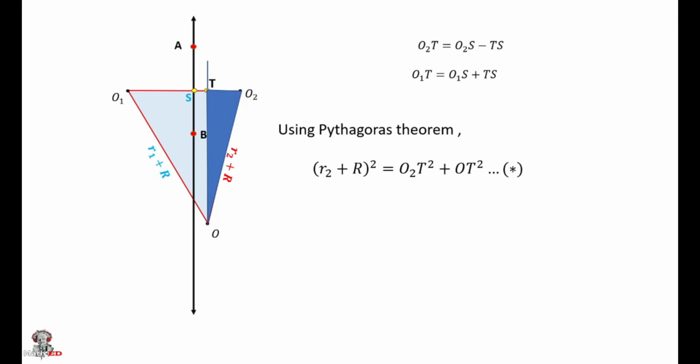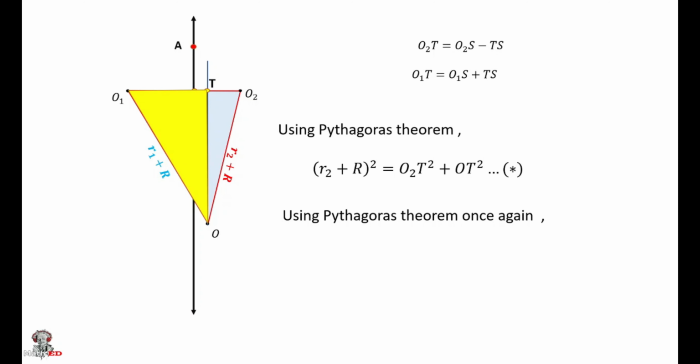Let's mark this equation as star. Now if we use the Pythagoras theorem once again in this yellow triangle, then we get that R1 plus capital R square equals O1T square plus OT square. Let's say this is equation double star.